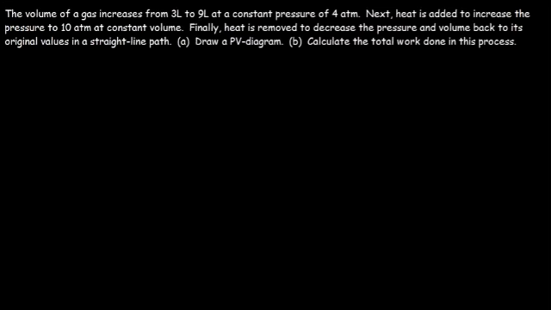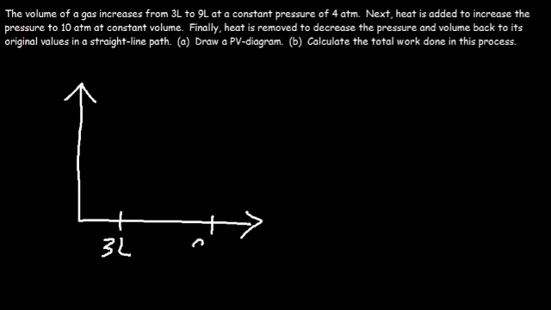Go ahead, take a minute, pause the video, try this problem, and then unpause it when you want to see the solution. So let's begin by drawing a PV diagram. Now, the volume of a gas increases from 3 liters to 9 liters, and it occurs at a constant pressure of 4 atm, which is lower than 10.